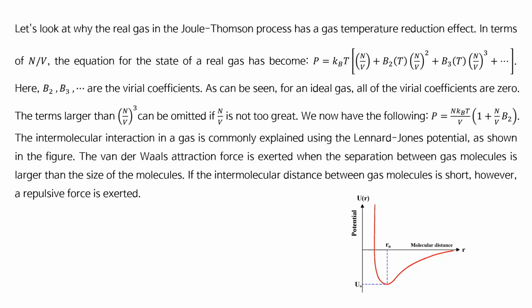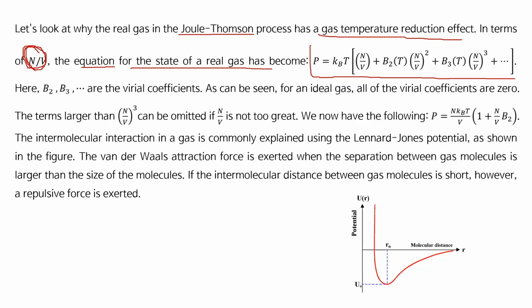Now let's look at why the real gas in the Joule-Thomson process has a temperature reduction effect. In terms of N over V, the density of the particles, we can write the equation of state for real gas in this way.